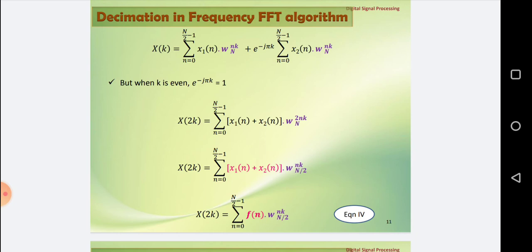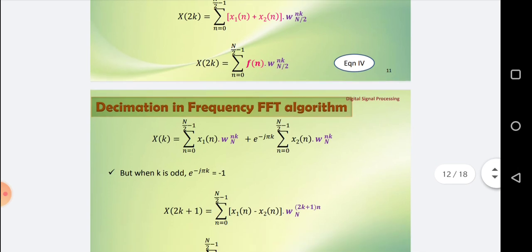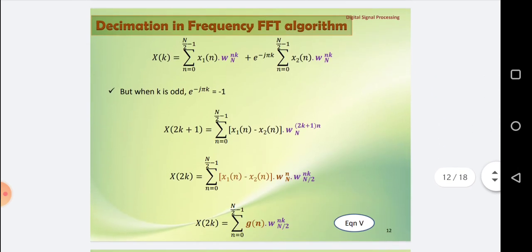So x of 2k equal to summation n equals 0 to n by 2 minus 1 f of n omega n by 2 nk. Similarly, we will solve when k is odd.